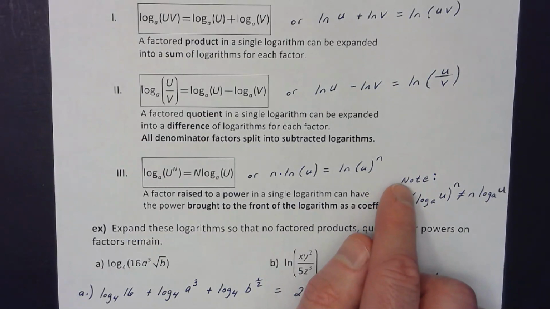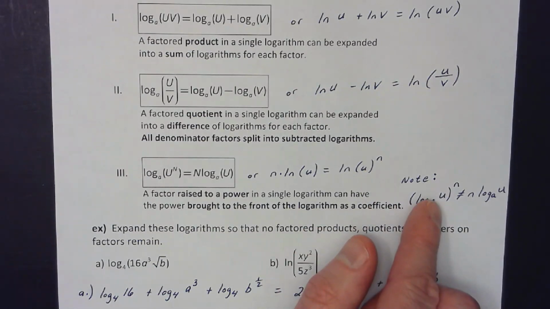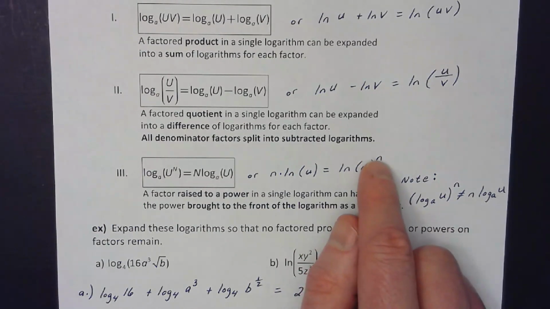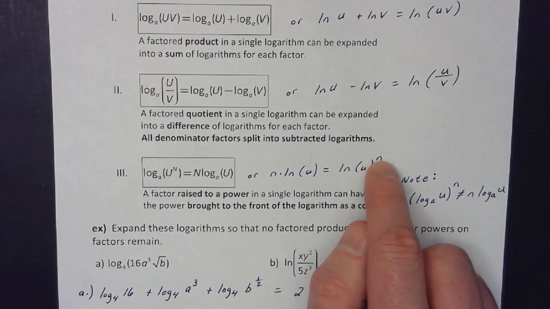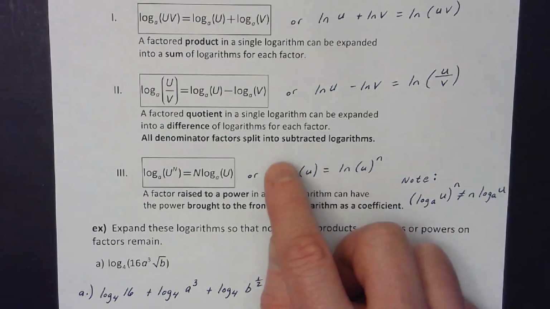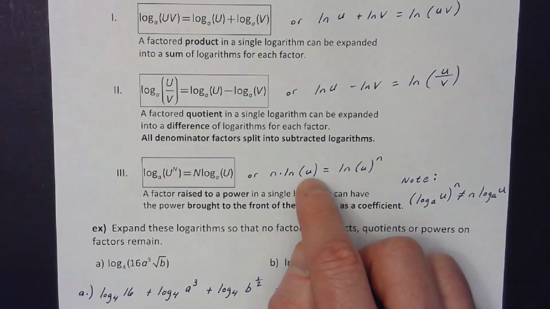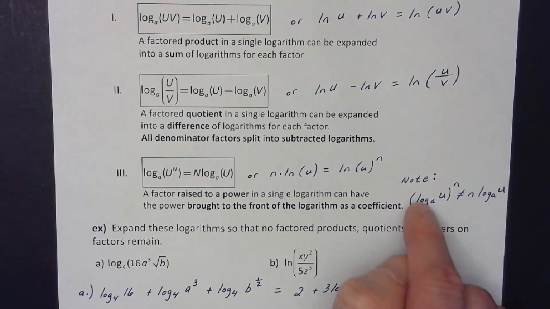Now, I wanted to make sure I made this special note here because this is a mistake I see often. That power can only come down in front of the logarithm if it's only on the term inside of the logarithm. So yes, the natural log of u to the n is equal to n natural log of u. But what if I have the n on the entire logarithmic function?